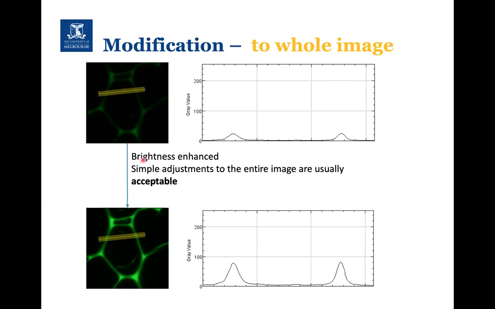And in this case, we can adjust the brightness of the sample, so increasing up the intensity essentially after we've acquired the image. But again, you'd need to make a statement in your figure legend or your materials and methods to say that you've adjusted brightness and contrast for visualization purposes.